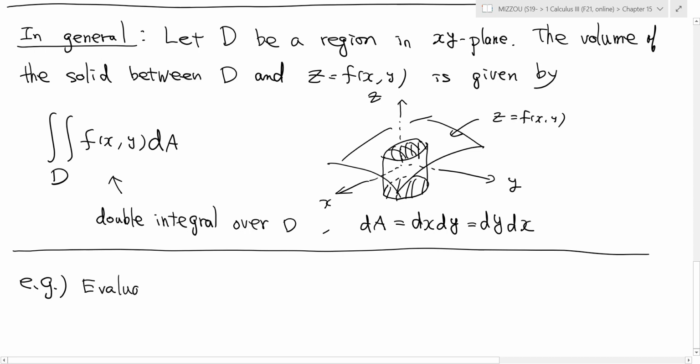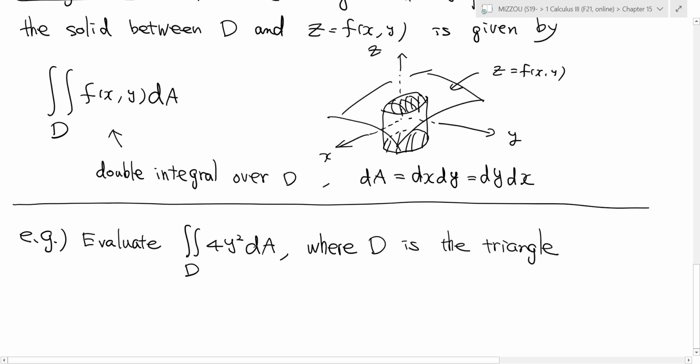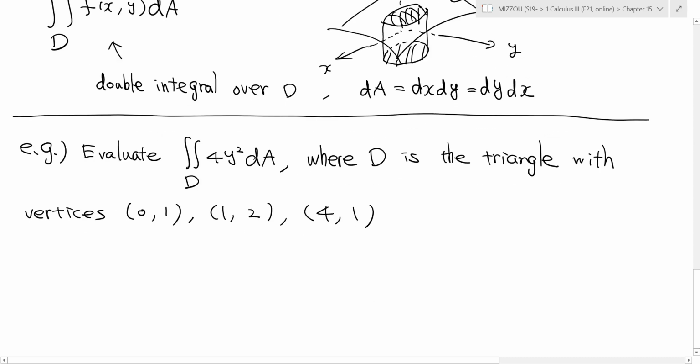Evaluate the double integral of 4y squared dA, where D is the triangle with vertices 0, 1, 1, 2, and 4, 1. Okay, how are we going to do this?